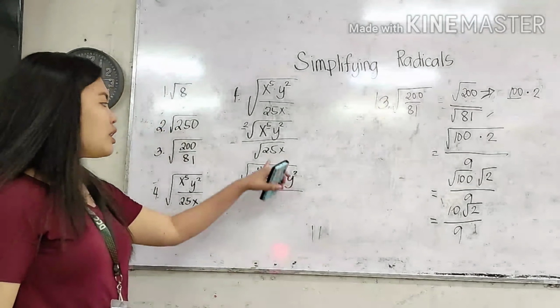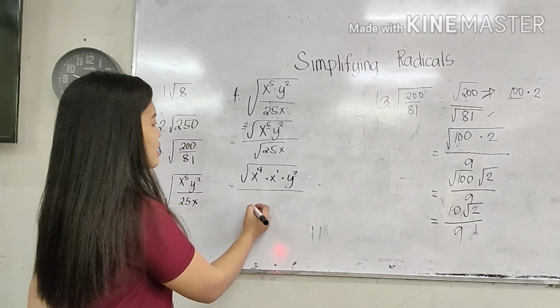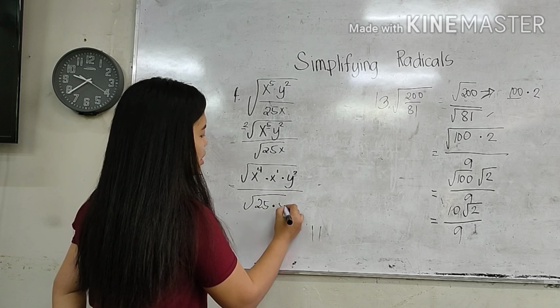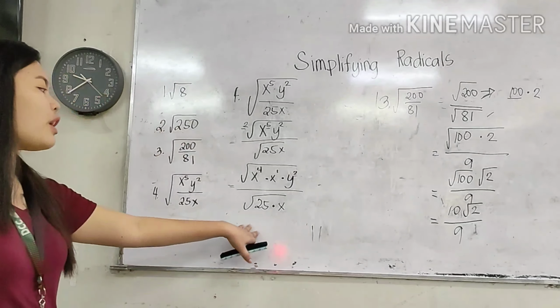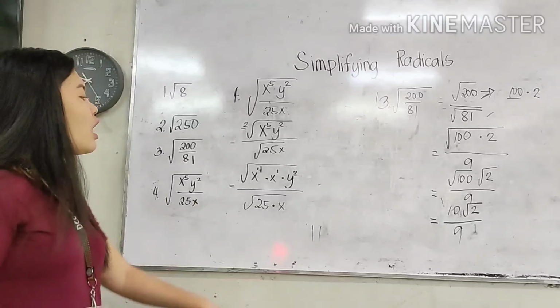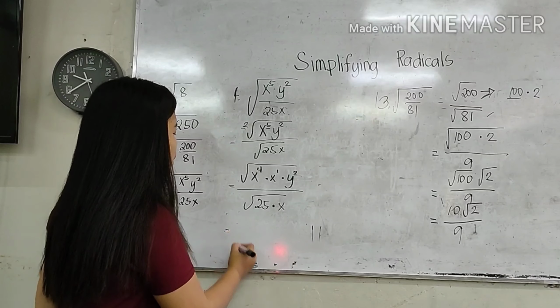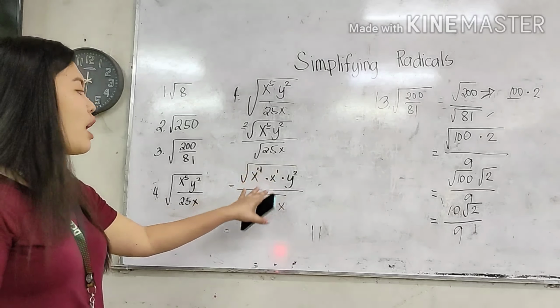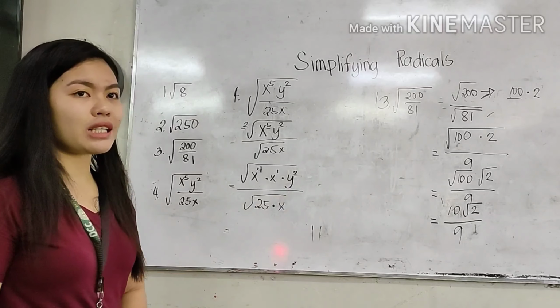So we have here the square root of 25x, simply the square root of 25 times x. So this is how it is factored. Next, what we're going to do is get the square root of each term.